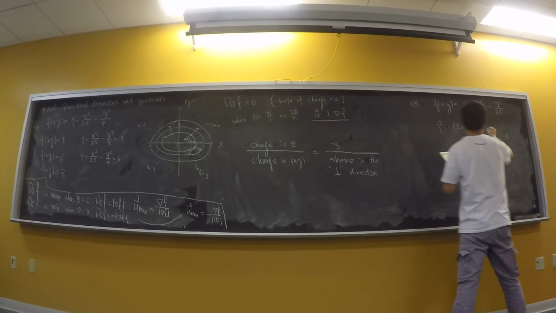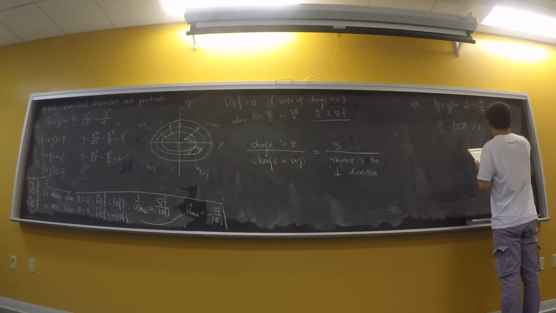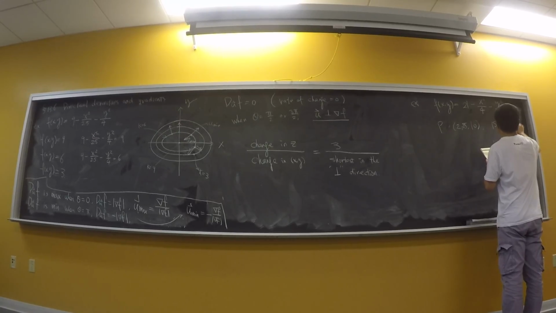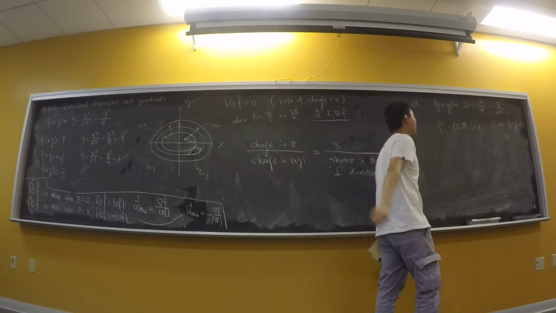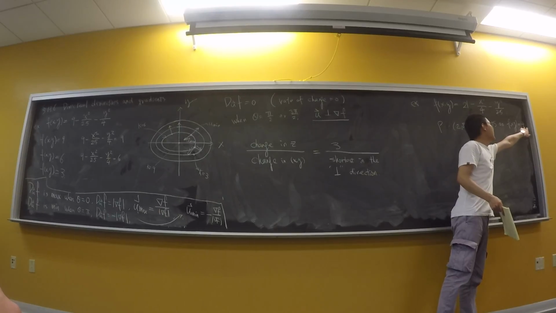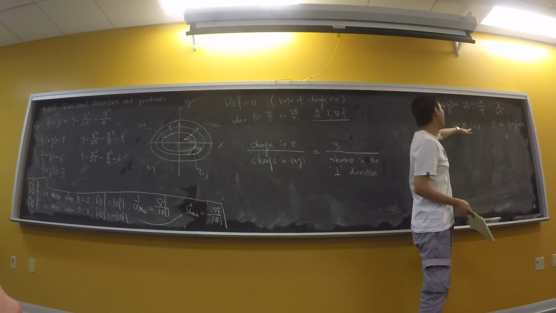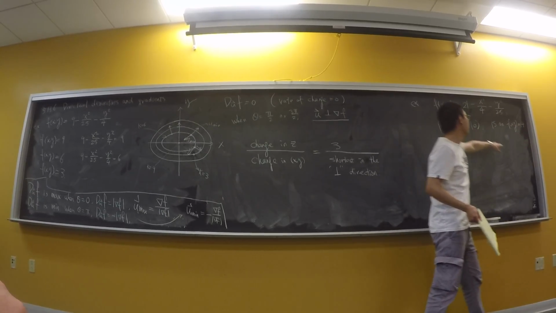Okay? And this point is on the level curve f(x,y) equals 14. You can verify yourself. Okay? So if I plug in these two values in there, I'm getting the function value equal to 14. So this point sits on a level curve with level 14.